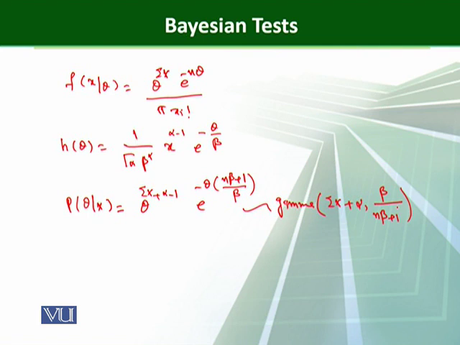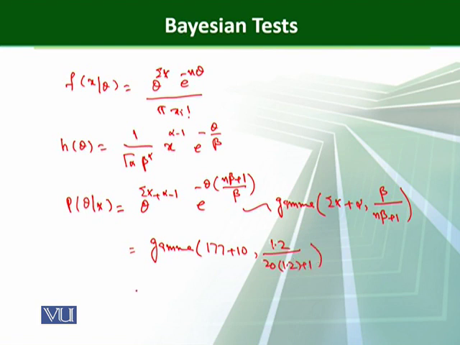So if we put in the values of these parameters and sum x, we get a gamma distribution with sum x, that is 177, plus alpha, which is 10, and beta is 1.2, which is also given, and n beta plus 1 is 20 into 1.2 plus 1.